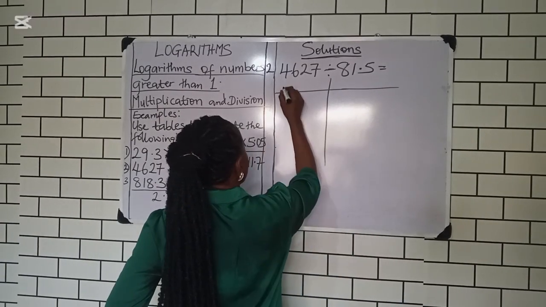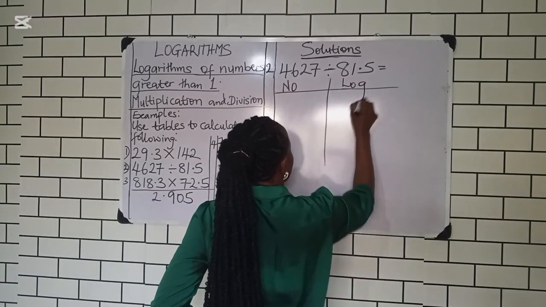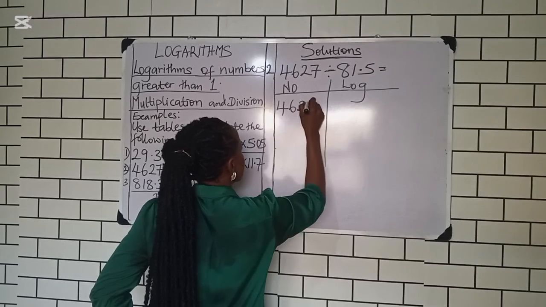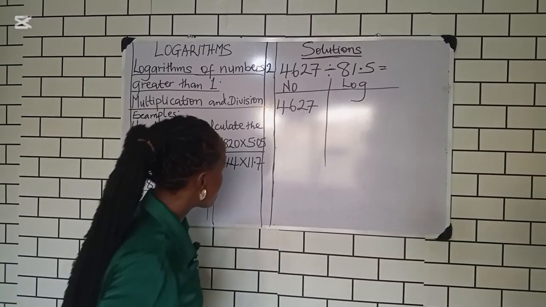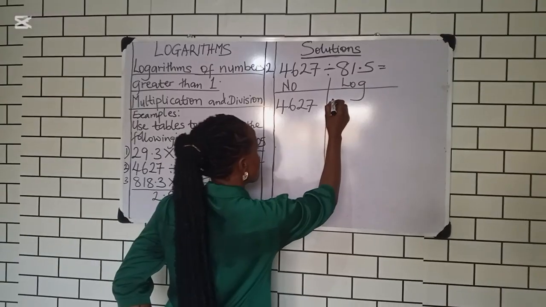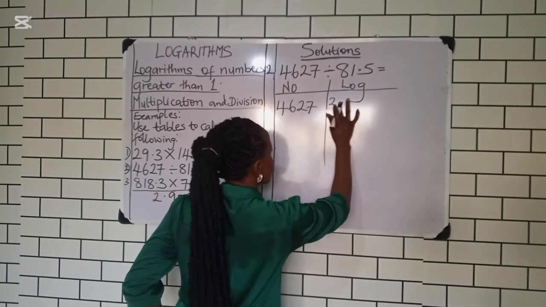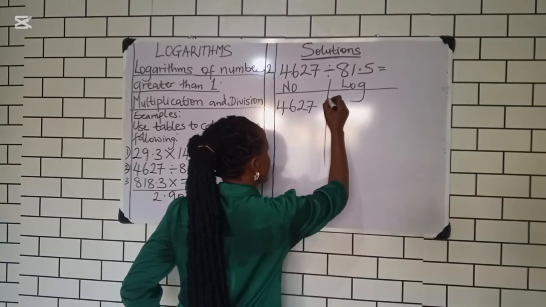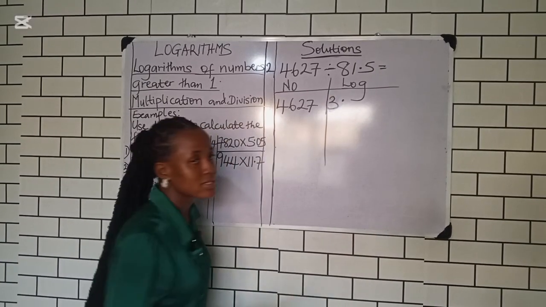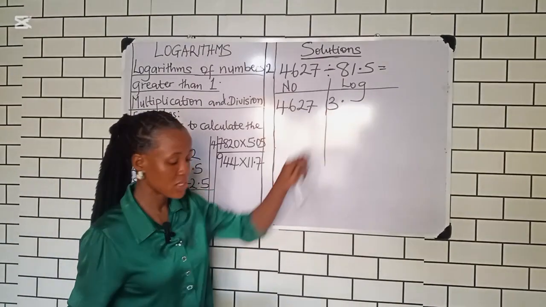You draw your table, you have your number part and your log part. The first number is 4627. Our characteristic part here is 3. You write your 3, you write your 3 point. Why is it 3? You already know the reason why we have 3 as our characteristic part here.